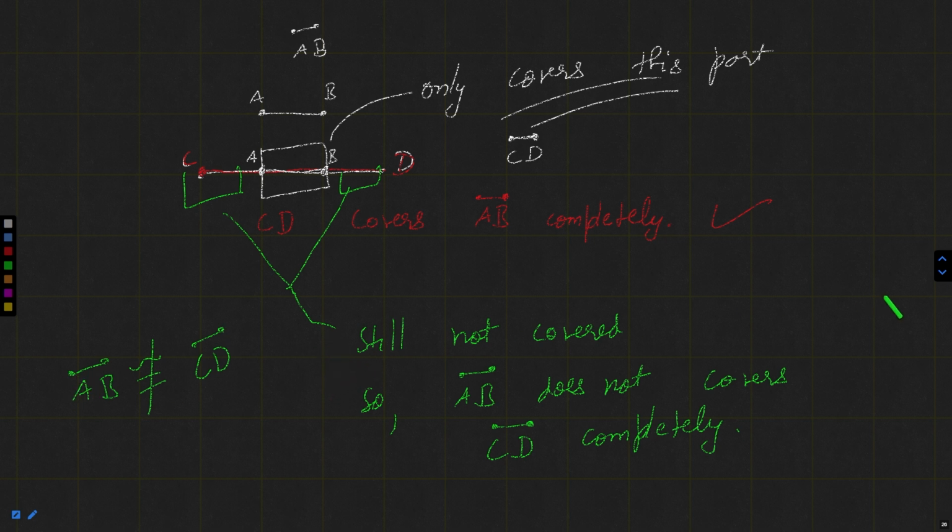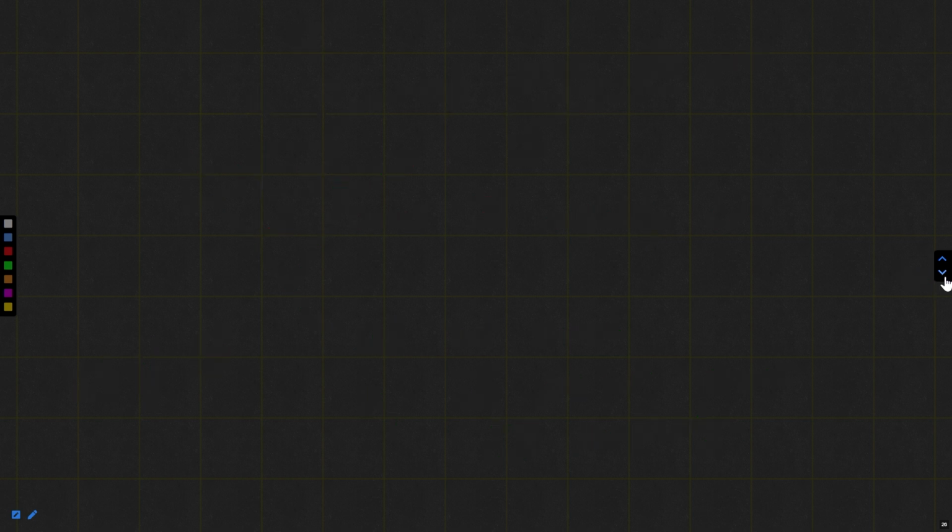But if I take AB here and CD here, then if I try to cover AB by CD, it will cover both. It will cover CD completely, and similarly CD covers AB completely, because they are of the same length.